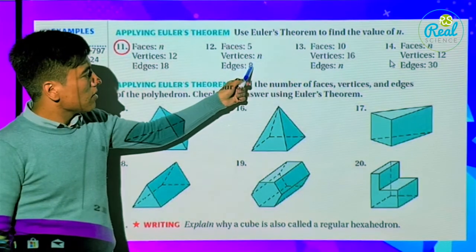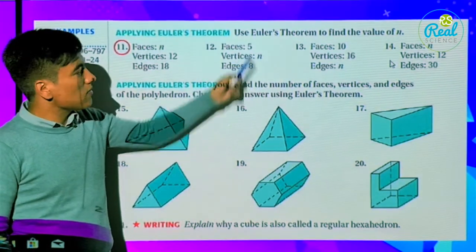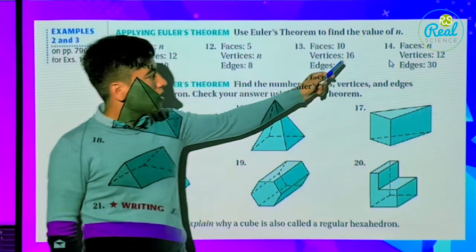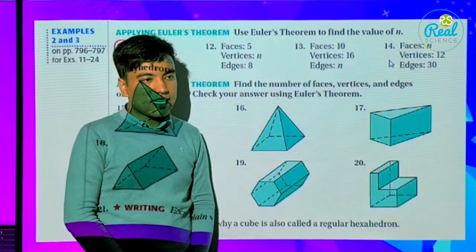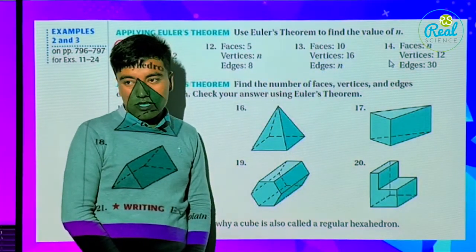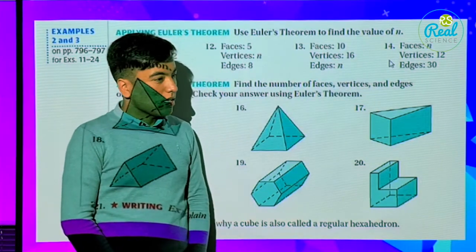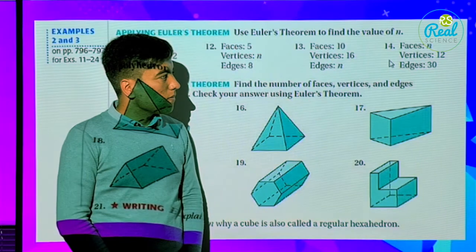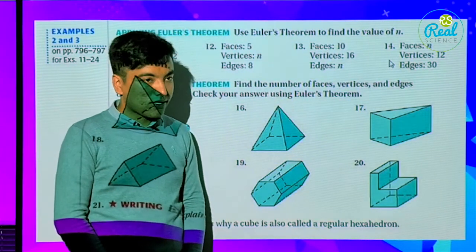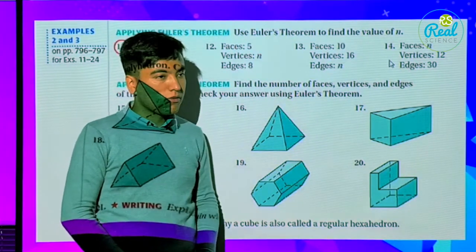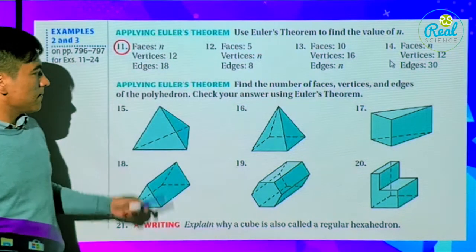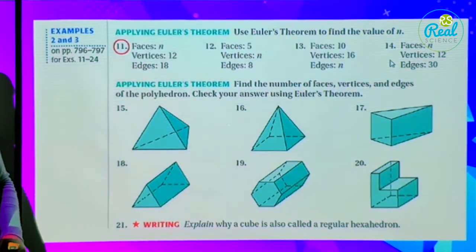And 8 plus 2 is 10, minus 5 is 5. And 10 plus 16 is 26, minus 2 is 24. 30 plus 2 is 32, minus 12 is 20.